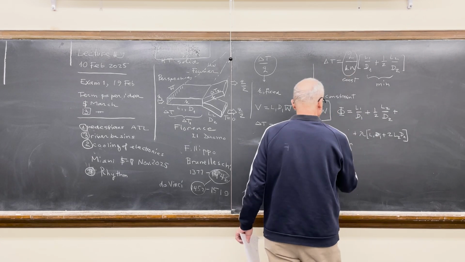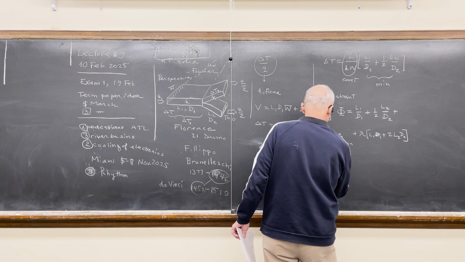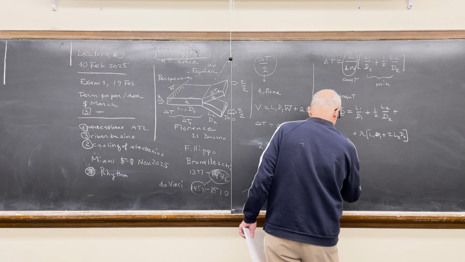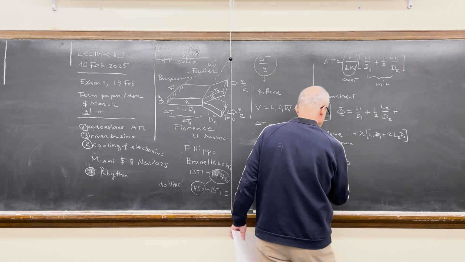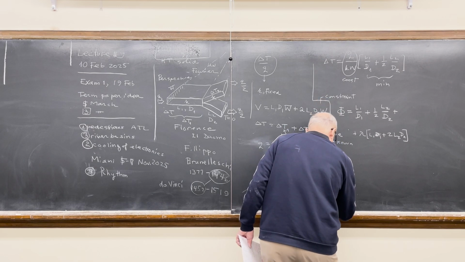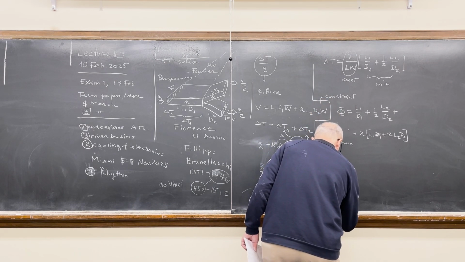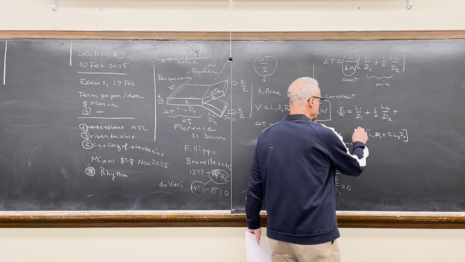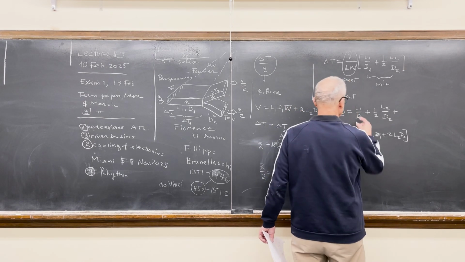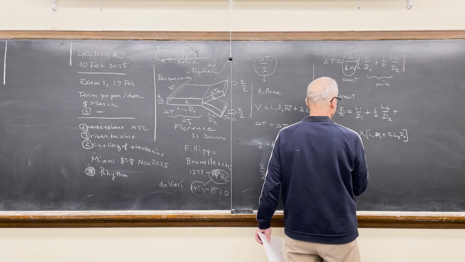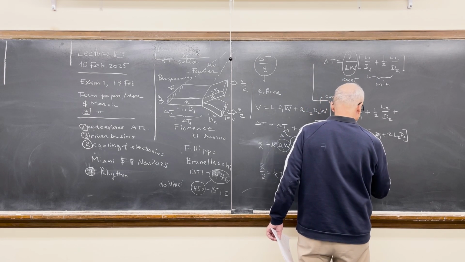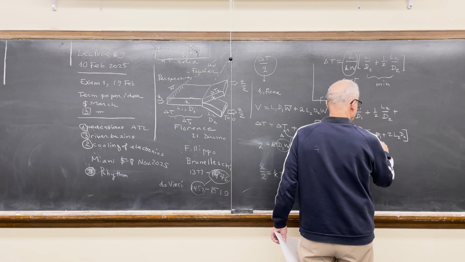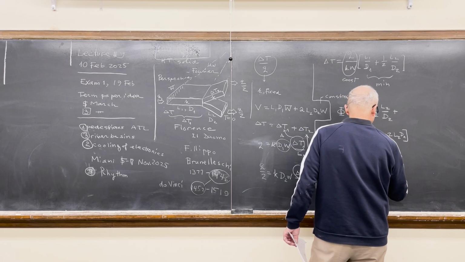It comes from taking the derivative of phi with each of those thicknesses. So d phi over d2 equals 0. Turns out it's easy to do these things. Versus d1, you have minus L1 over d1 squared plus lambda L1.